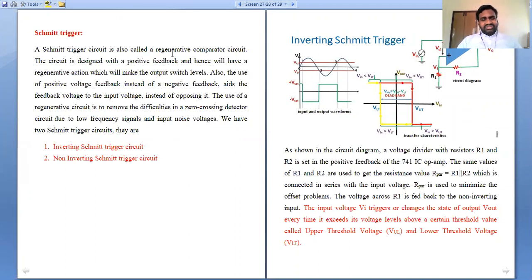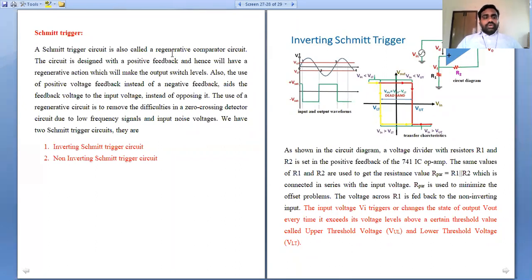There are some disadvantages with respect to the zero crossing detector. The main disadvantage is that it does not have good noise immunity. That means the output of the zero crossing detector has some heavy noise, some disturbance.